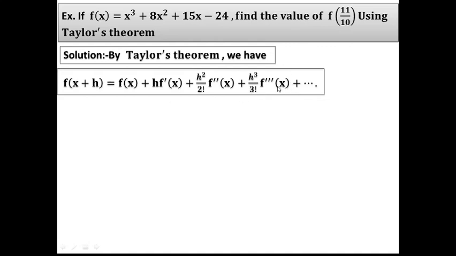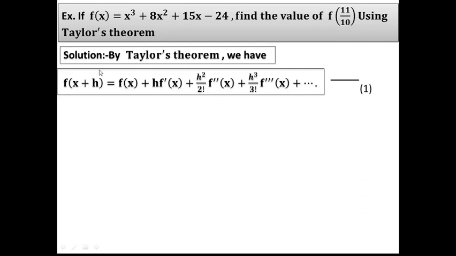If it is mentioned explicitly to evaluate up to the fourth order derivative term or third order derivative term or first 3 terms like this, then accordingly we will follow the instruction. Now, with no restrictions, we will find the expansion up to the third order derivative term. So let's call this formula 1.